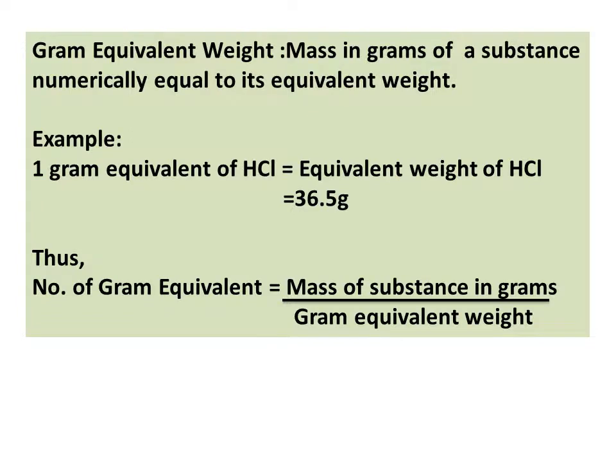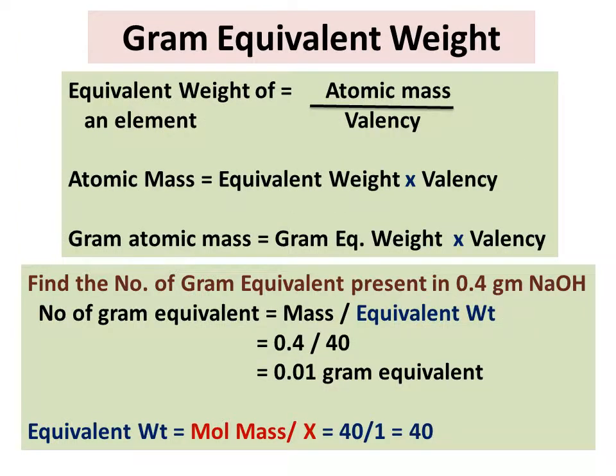So this is how we are going to calculate the number of gram equivalents. Next, let us have a relation between gram equivalent weight and valency. We already know that the equivalent weight of an element is equal to atomic mass upon its valency. In another way, atomic mass is equal to equivalent weight into valency.